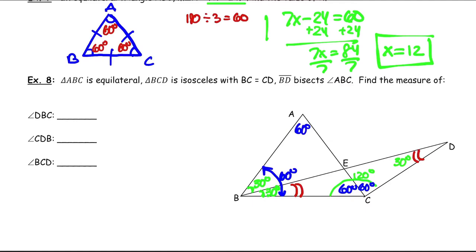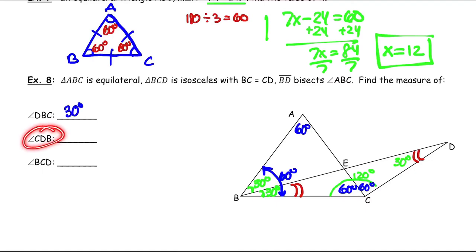Now, I might need to find some other angles, but at this point, I've found quite a few. Let's see if I can answer all of these questions. I haven't even looked at those yet. I just kind of worked my way around this puzzle. So the first one is DBC. Yep, I did find that one. That was 30. Let's fill that in.